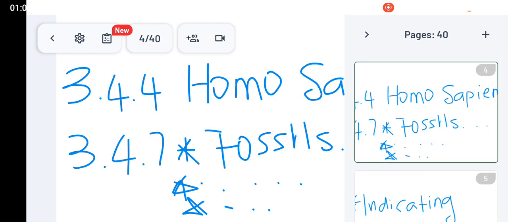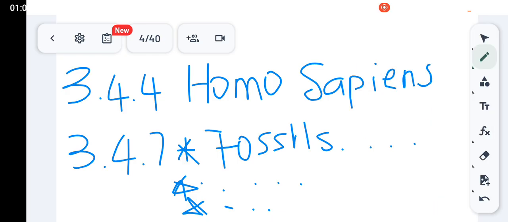Okay, let's repeat it again. First point, the fossils of Australopithecus were found in Africa only. And then the fossils of Homo habilis are found in Africa only. Then the oldest fossils of Homo erectus were found in Africa, indicating that humans originated in Africa and migrated to other parts of the world, or migrated out of Africa.